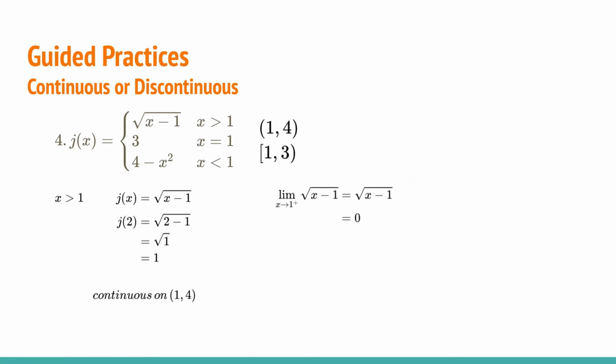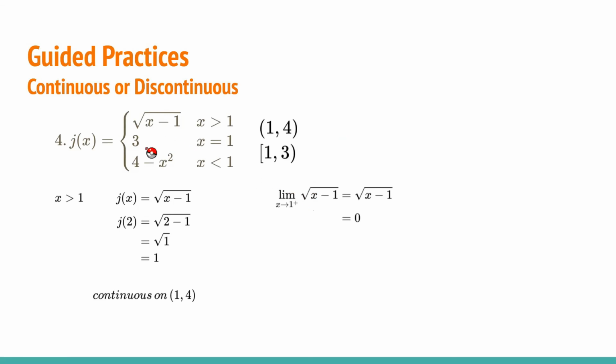So let's try to get the limit of the square root of x minus 1 as x approaches 1 from the right. Here, you don't need to find the limit from the left, since we will start at 1. We will not go lower than 1. We'll start exactly at 1 and then move on toward 3.